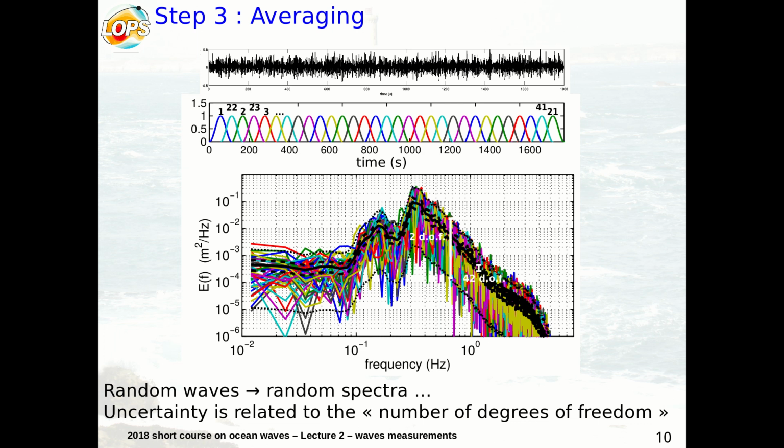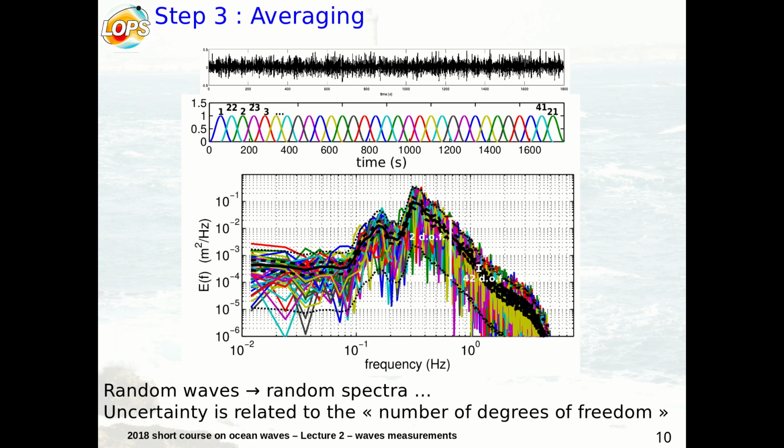So it's this funny-looking table. If you define a threshold for the confidence you want to have, here it's 95% confidence intervals. If you want to be more accurate than 95, you can use 99. You can use that table and look at the coefficient that multiplies the spectrum to give the confidence interval around it. But the basic idea is that waves are random, so the spectra are random.